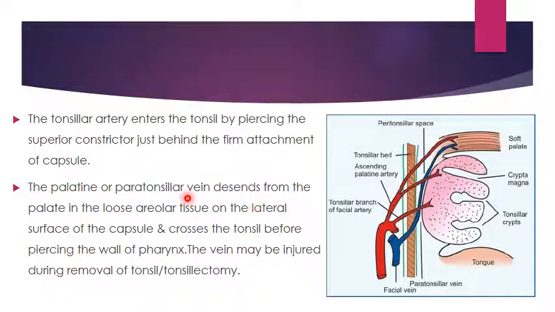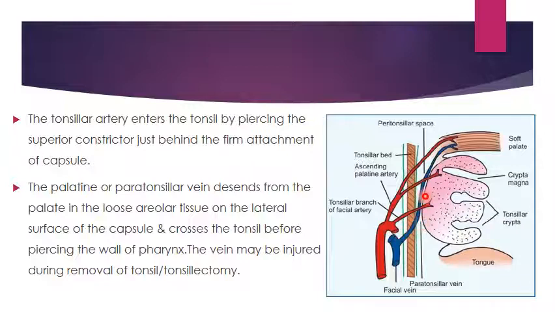The palatine or paratonsillar vein descends from the palate in the loose areolar tissue on the lateral surface of the capsule and crosses the tonsil before piercing the wall of the pharynx. Here you can see the paratonsillar vein or palatine vein descends from the palate in the loose areolar tissue lateral to the capsule of the palatine tonsil, and then it pierces the wall of the pharynx.